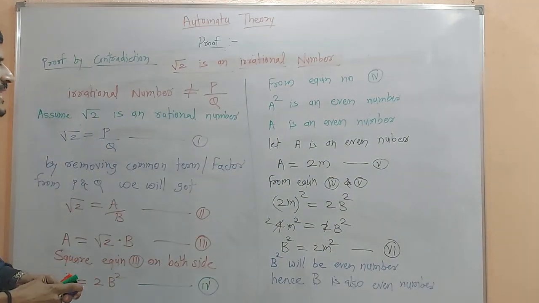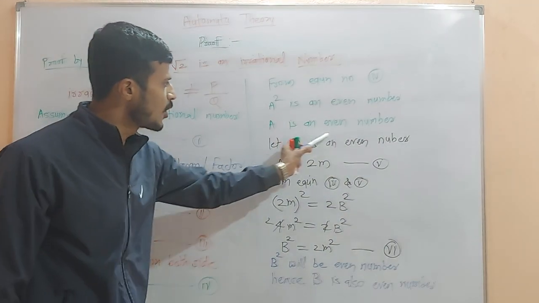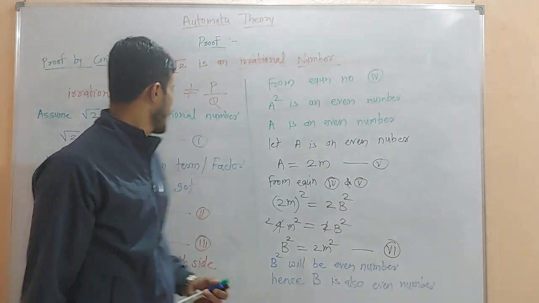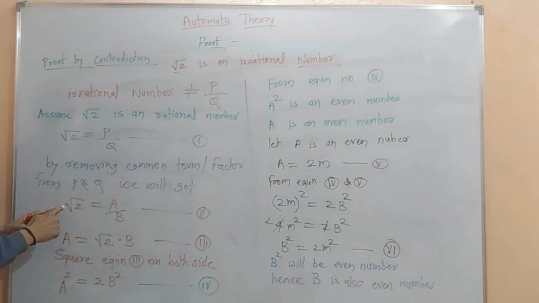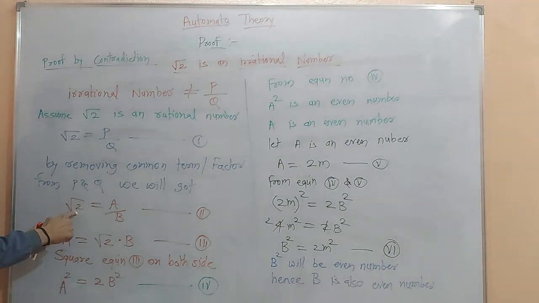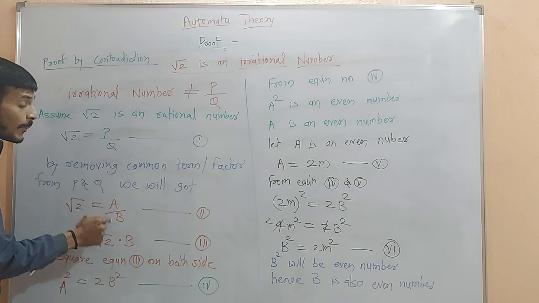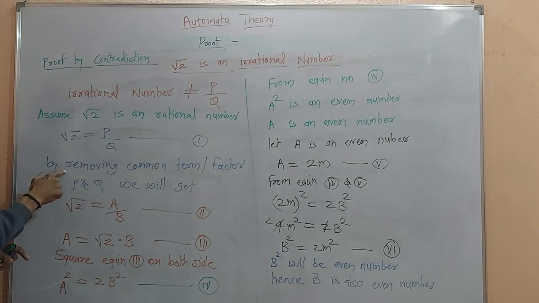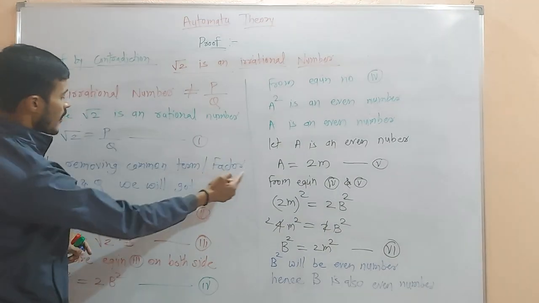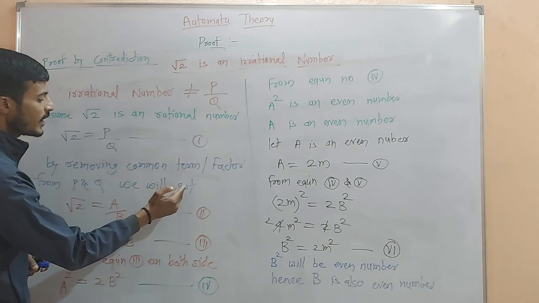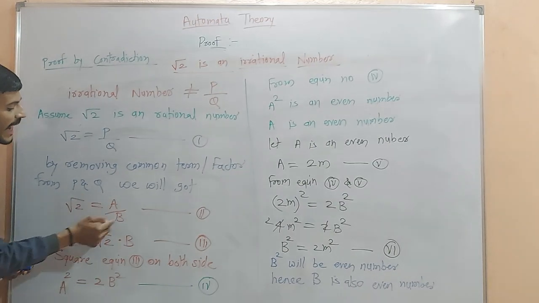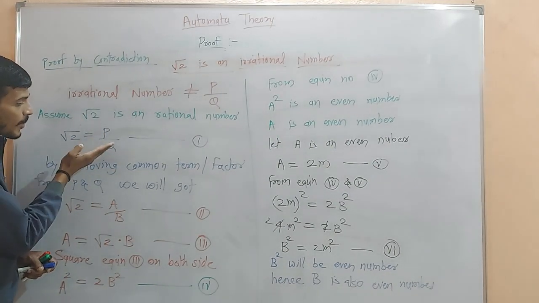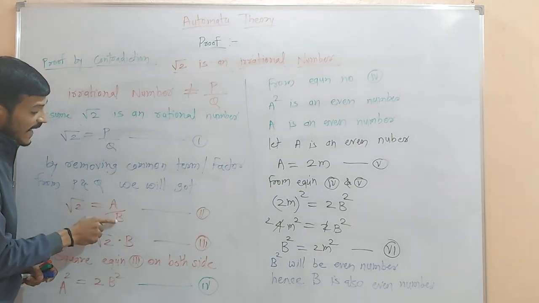So if you observe here, a is an even number, b is also an even number, and what we have assumed with respect to root 2 is a upon b, and a upon b does not have a common factor, because by removing the common factor from p and q we got a and b.